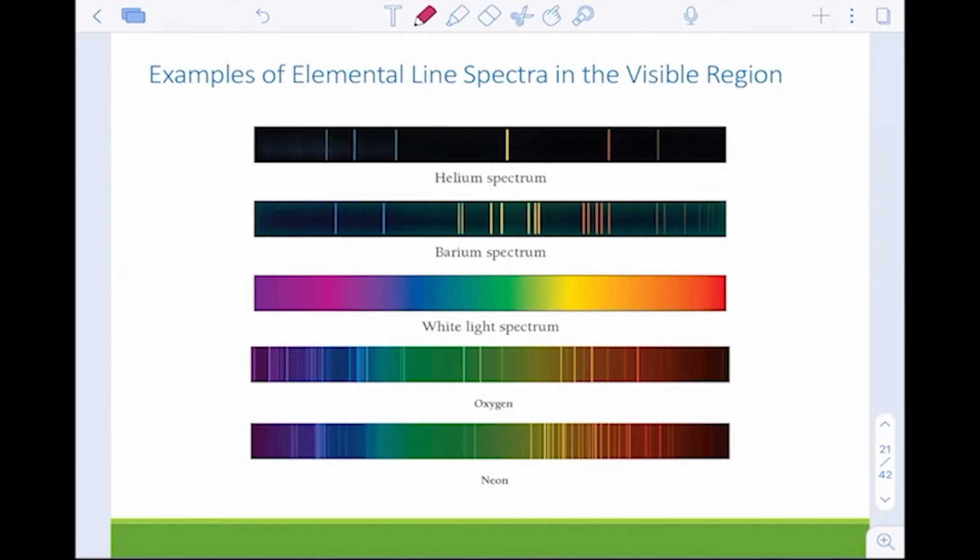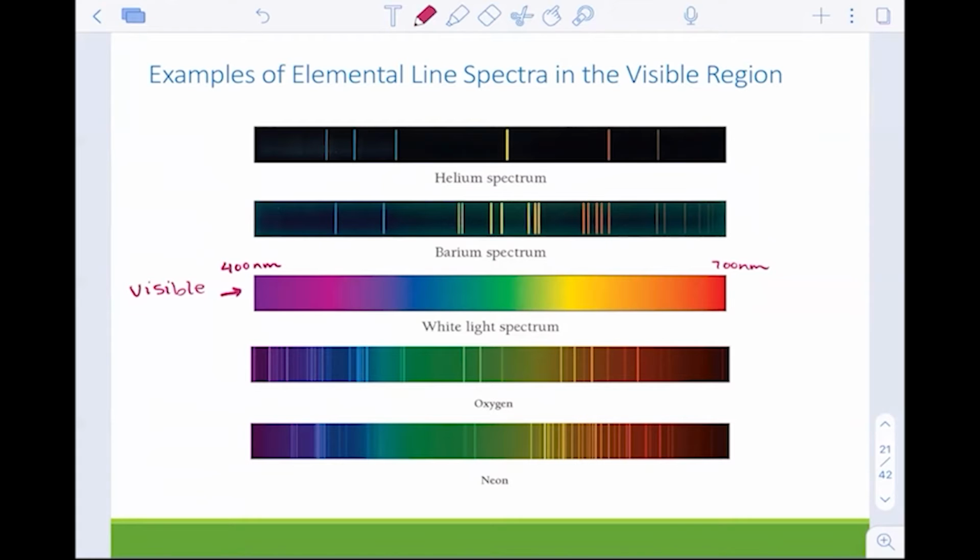White light right there in the middle, this is the whole visible section of the electromagnetic spectrum. Usually it's between 400 nanometers to 700 nanometers. You can see the different types of fingerprints.